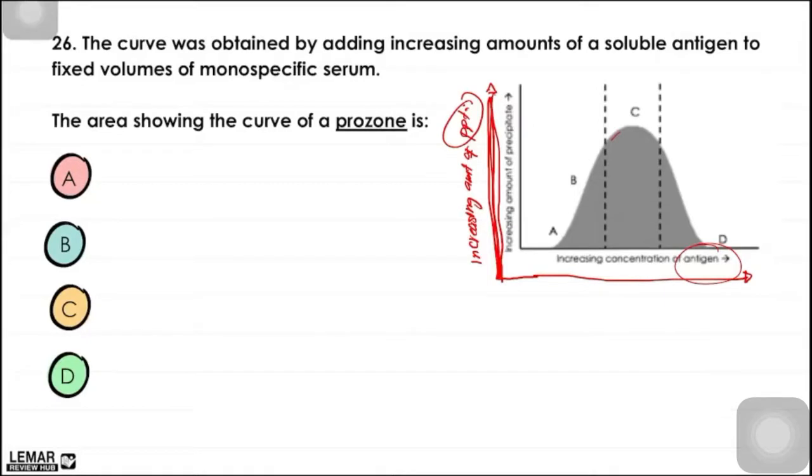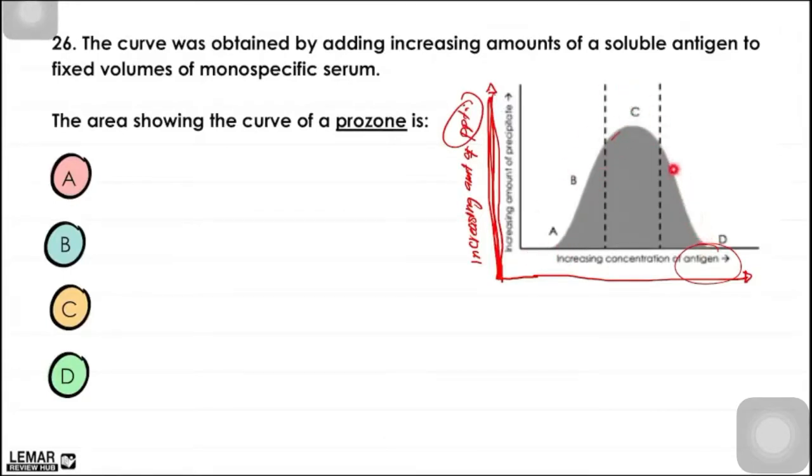The question asks, where is the prozone? As described earlier, prozone causes a false negative reaction due to antibody excess. So which of these four sites indicated in our graph likely shows a prozone effect?